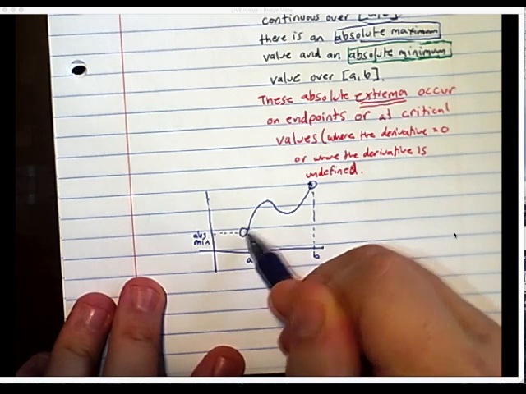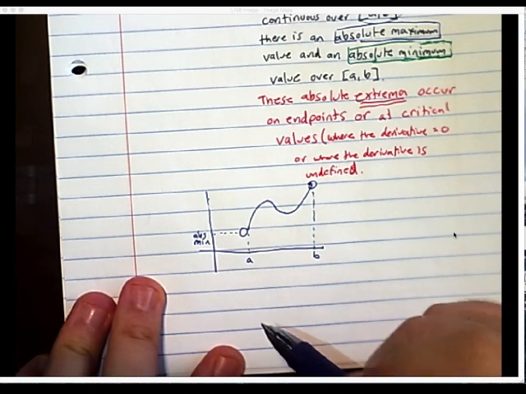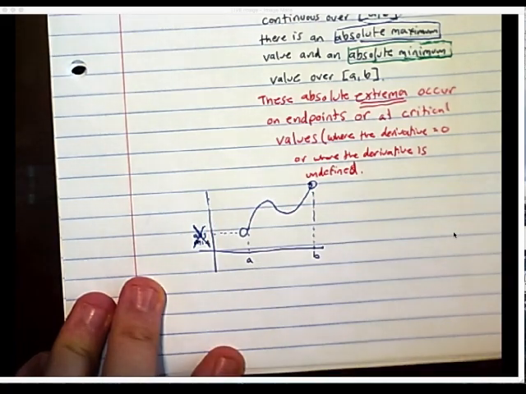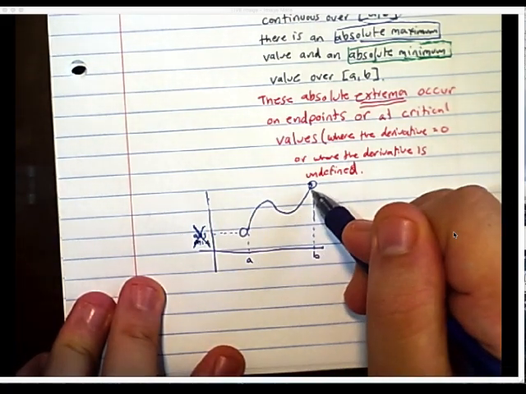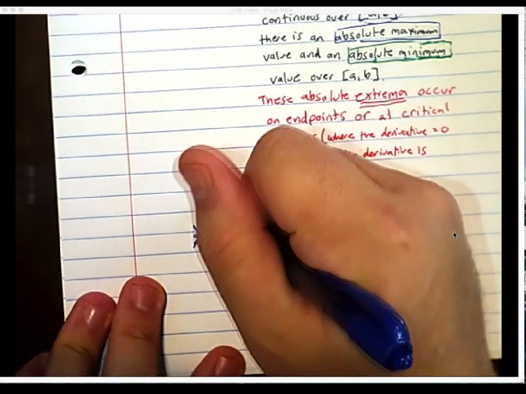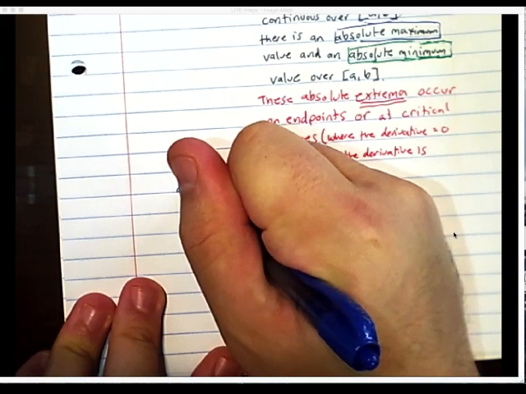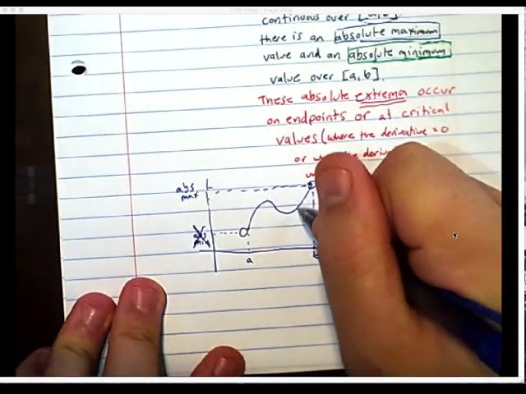We get really close to it, but we don't ever actually hit it. So there's no absolute minimum. Okay, so I just gave a counterexample on there's no absolute minimum. Same thing here on this y value. We might think that that's the absolute maximum, but we're actually never getting there.